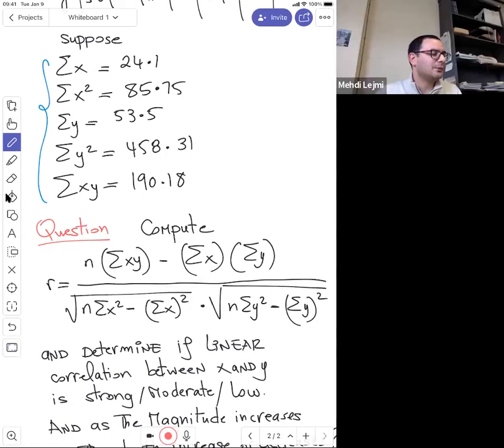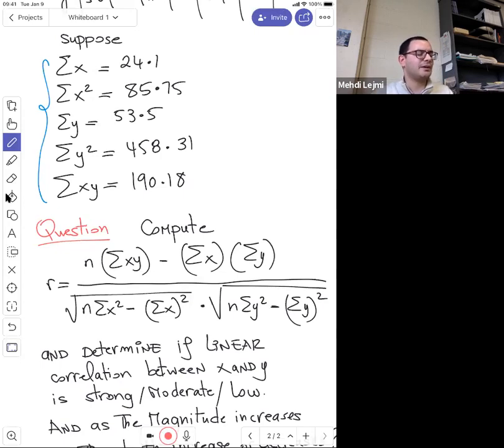I mean, if you know how to apply the formulas, then you are fine. But again, it's not just about applying the formulas, it's about using the formula to get some information, right? We are using this formula of R to say if there is a relationship between the two variables.